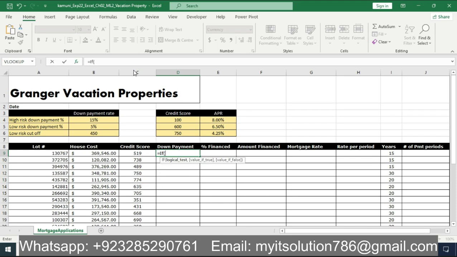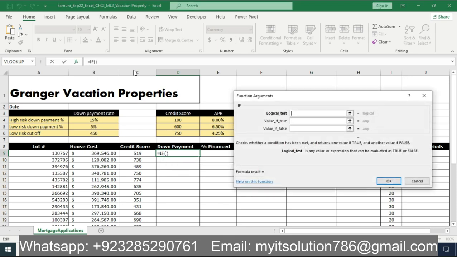Click here to insert values. The logical test value is C9 is smaller than B6.